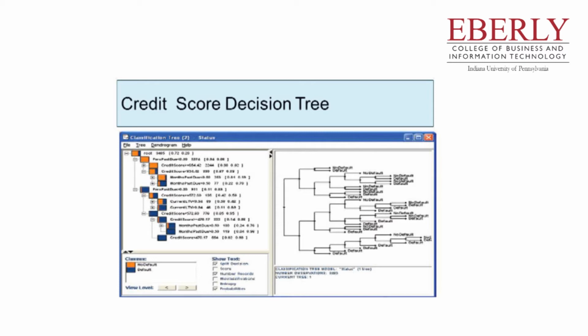Of those loans, 72% had no default, and 28% did default. To perform the analysis, the decision tree tool examined 6 different loan characteristics. With a decision tree like this, the financial institution can develop decision rules for accepting or rejecting the offer to purchase loans from another financial institution.